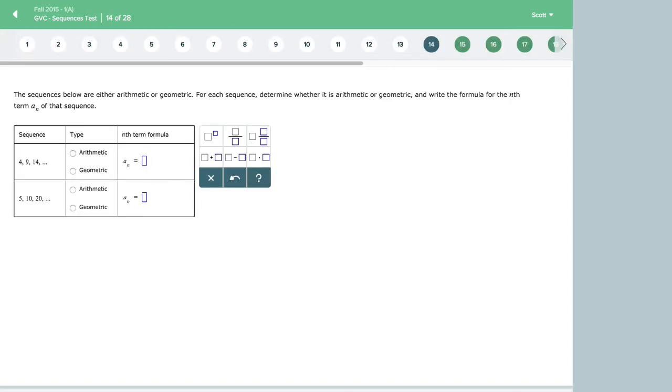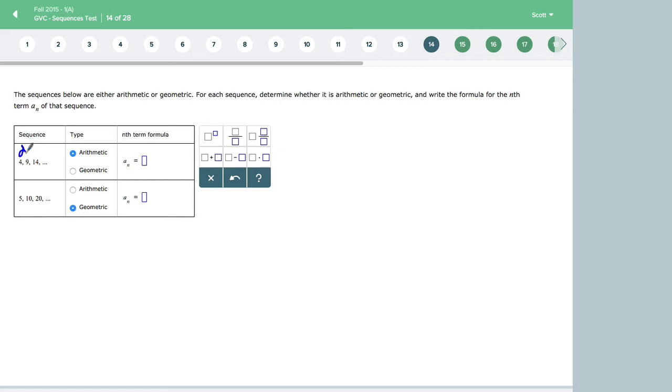Number 14. Decide whether or not it's arithmetic or geometric, and then type in the formula for the nth term. Here we can see it's plus 5, plus 5, plus 5. That tells us it's arithmetic. Times 2, times 2, and that's geometric.